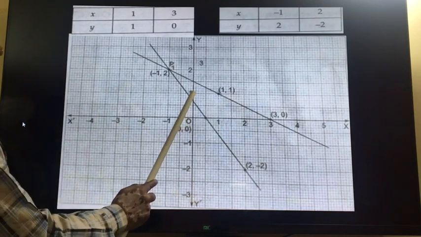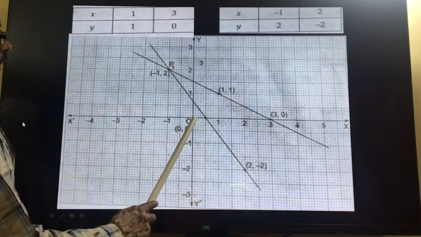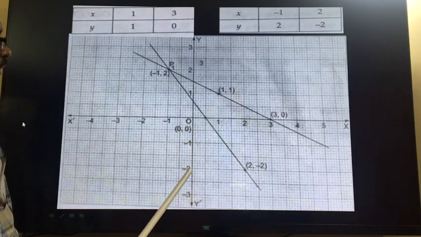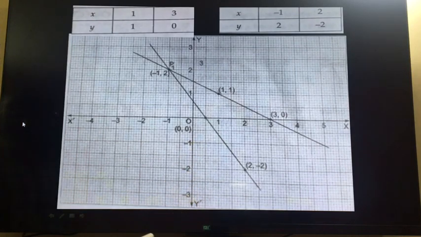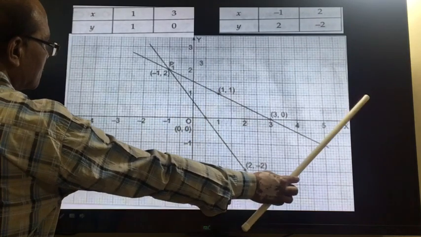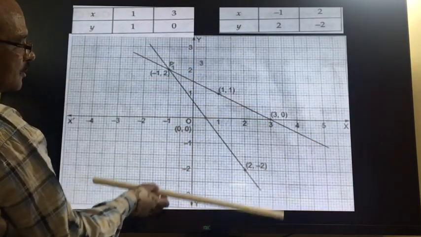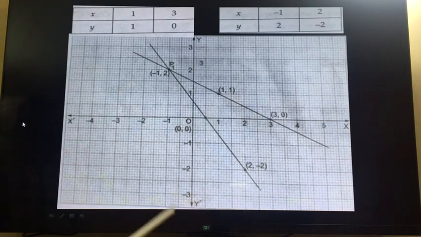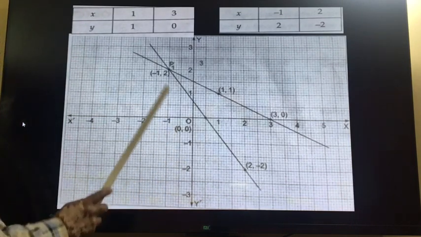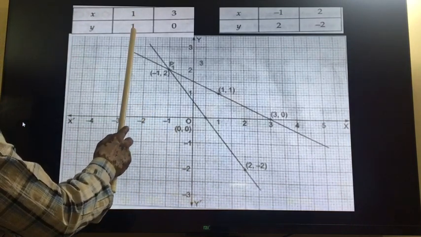Upside also each centimeter 1, 2, 3 positive, downside each centimeter 1, 2, 3 with negative sign. So this side we are taking all positive x, this side all negative x, upside all positive y, and downside all negative y. This is the sign convention. After this we will plot 1 and 1.